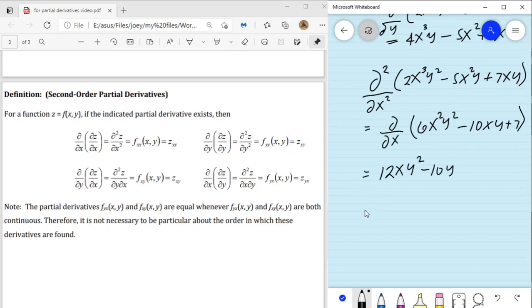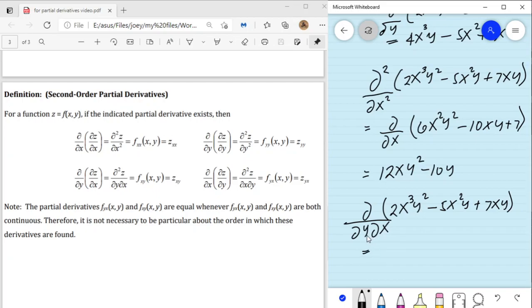Next, if we are to find the partial derivative of the same expression, 2x cubed y squared minus 5x squared y plus 7xy, with respect to x, then with respect to y.